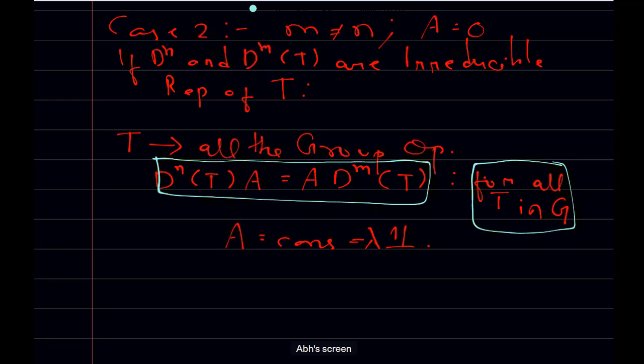Look at how big the status of A becomes. So it turns out that A must be some multiple of the unit matrix, else this is not possible. You cannot have any matrix A that commutes with all the irreducible representations of the group elements. So this is case 3, when I'm talking about all the group elements.